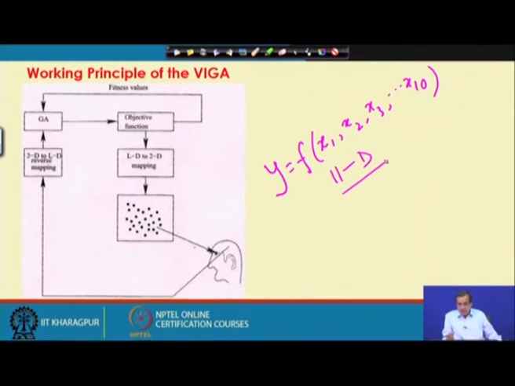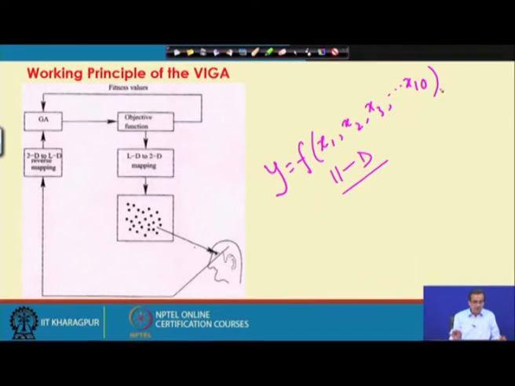So, for the purpose of visualization, what we will have to do is the mapping to either 2D or 3D. Now, this task I have given to the GA and the GA will try to find out the optimal solution. In the code of GA, we write down the expression for this objective function, and we mention the range for each of the variables and we set the GA parameters.